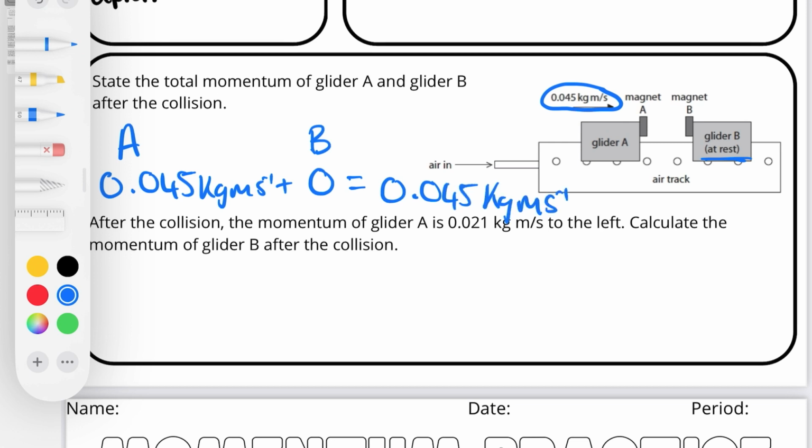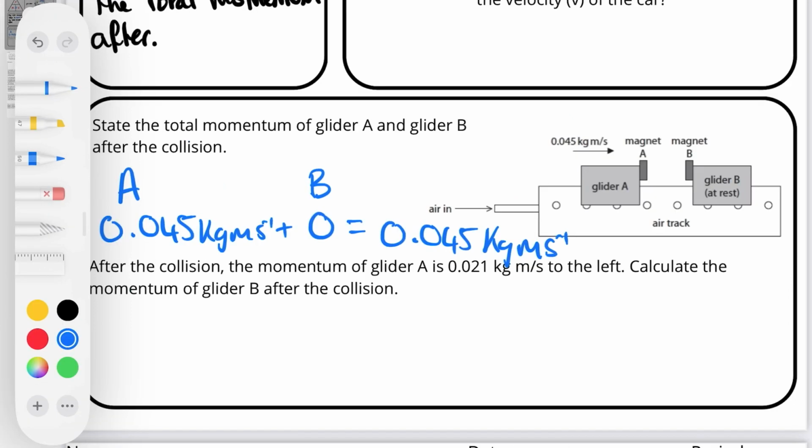So after the collision, the momentum of glider A is 0.021 kilogram meters per second to the left. Calculate the momentum of glider B. So if we know A plus B must be 0.045, and we're talking about to the left at the moment, if we look back up here, this is to the right, which means to the left must be a negative number.